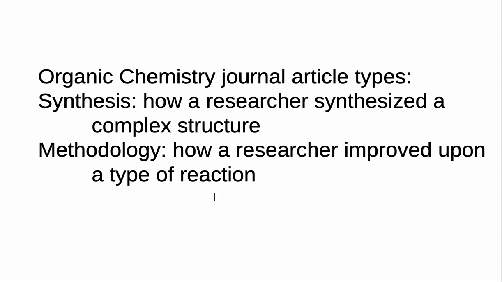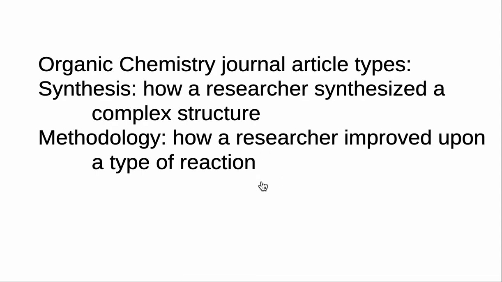You can't do a reaction with an alcohol in your molecule, and they found a milder reagent or a certain set of conditions that would allow for an alcohol to be in the molecule. Or if they discovered how to make a reaction go giving only one enantiomer of a product when normally it would give a racemic mixture, that would be an improvement. So those are the types of journal articles that you can find generally for organic chemistry.